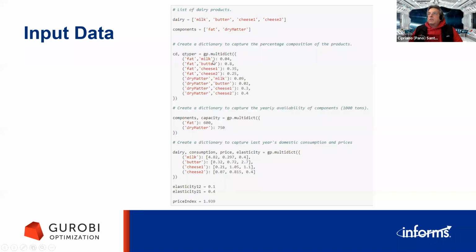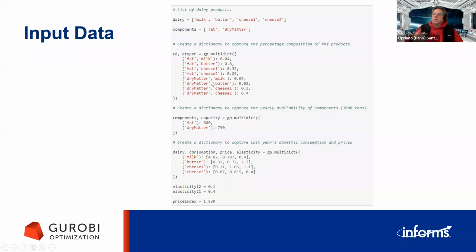So for the quantity per parameter, the keys of this dictionary are going to be the raw materials, components, and the dairy products, and this will be a tuple. So for example, the first tuple is fat and milk, and this will mean the percentage of fat that you need in the production of milk, and this is 4% or 0.04.